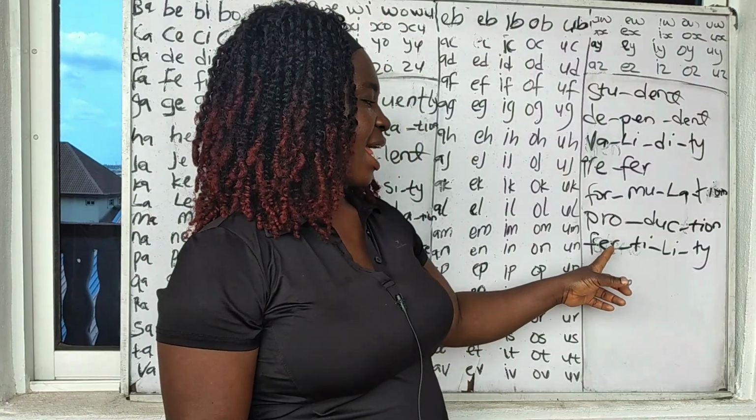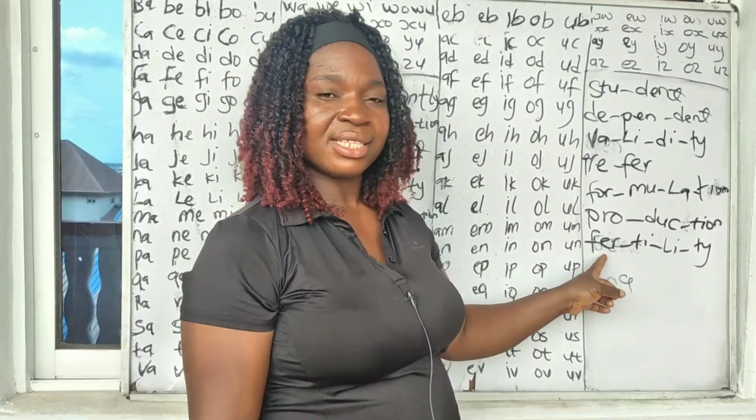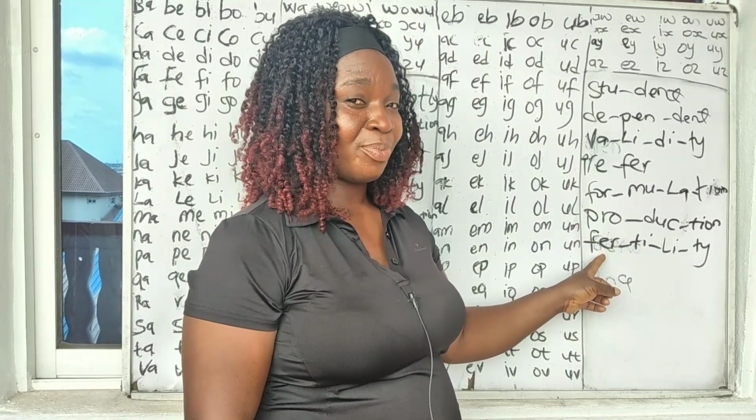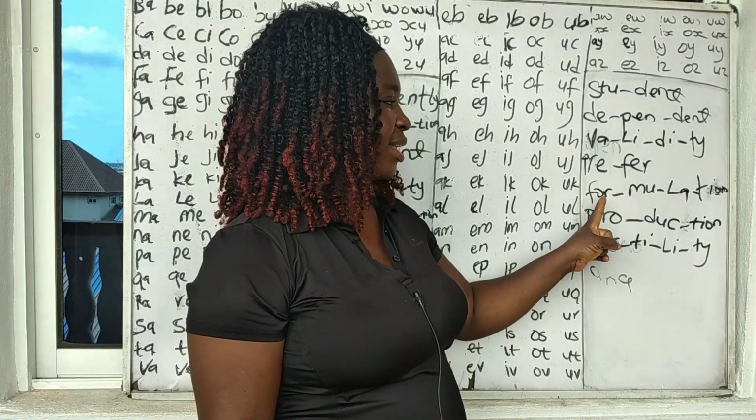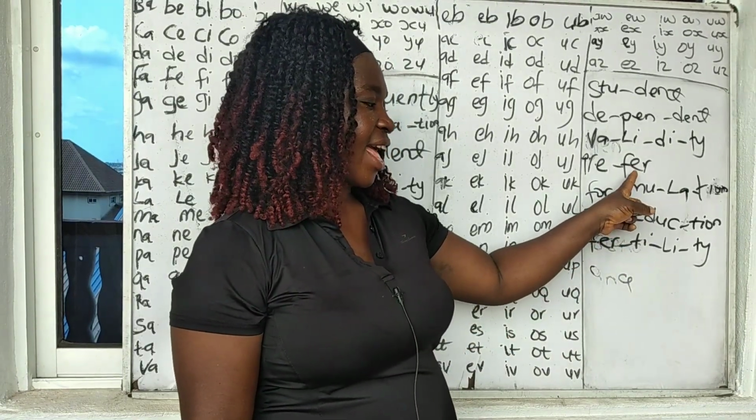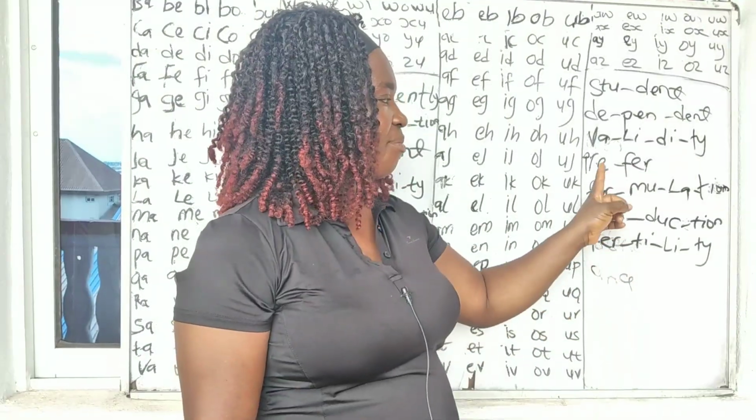So you can see what I said about the R. When the sound is a little bit lengthier in pronunciation, probably it has R to it. Okay, so you can see it from this: for, fair, fair. Okay, prefer, fertility.